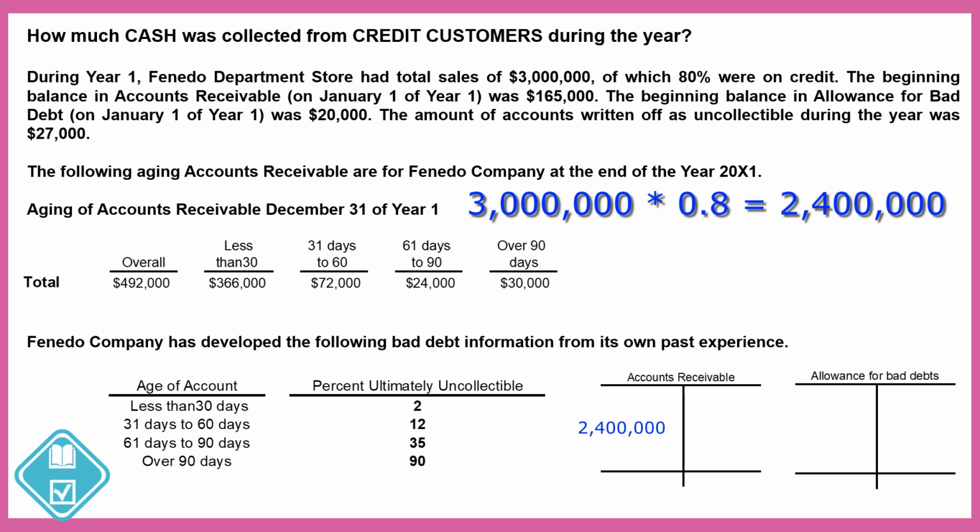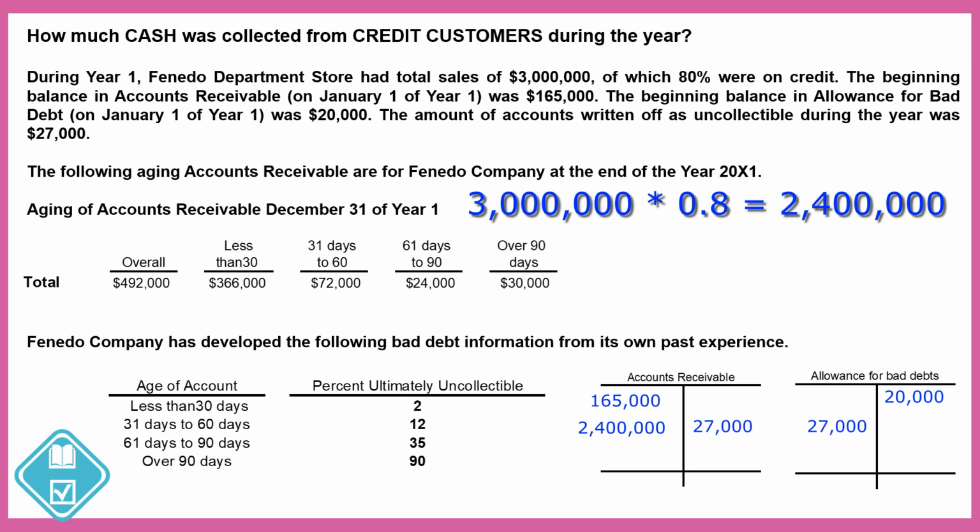Then we're also given the beginning balance in accounts receivable was $165,000, and the beginning balance in the allowance for bad debt was $20,000. So we'll put in those beginning balances. And then the other information they give us is that the amount written off was $27,000. So that write-off will go right here, and it will also go right here.